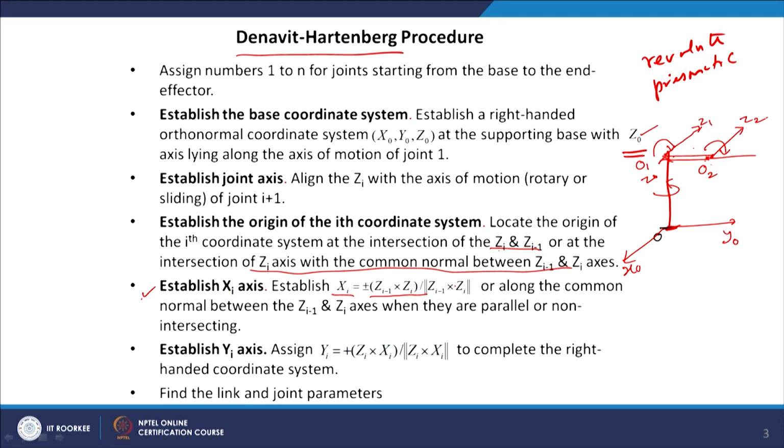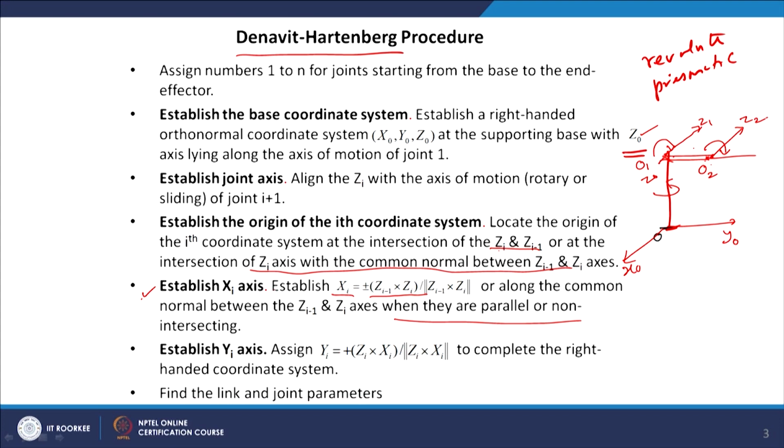But if Zi minus 1 and Zi are not intersecting each other, then we can take the common normal as the x axis. So, if they are parallel or non-intersecting, then the common normal between these two axes will be the xi axis of the system.